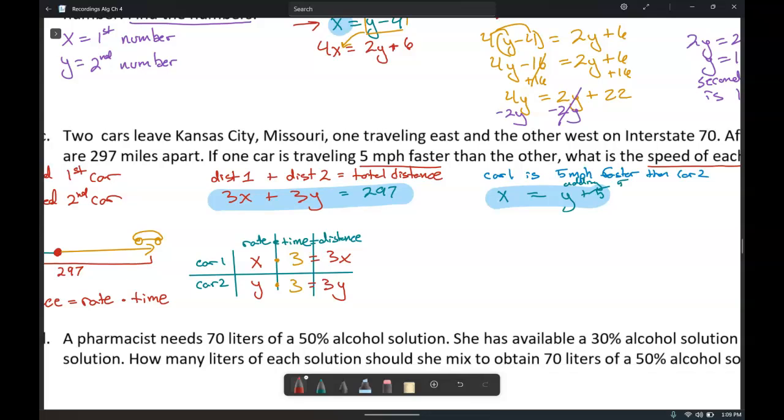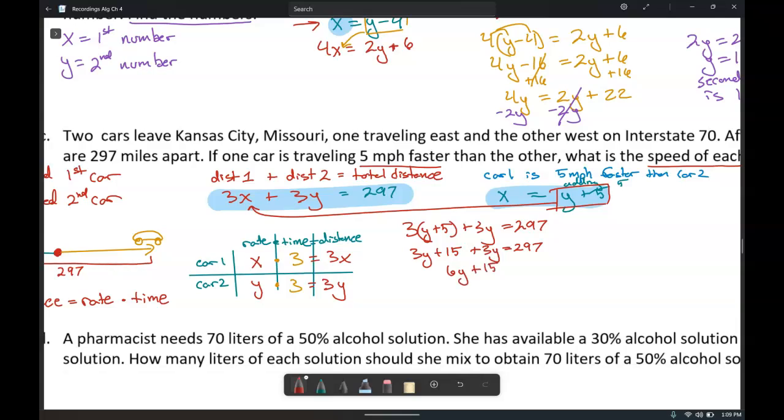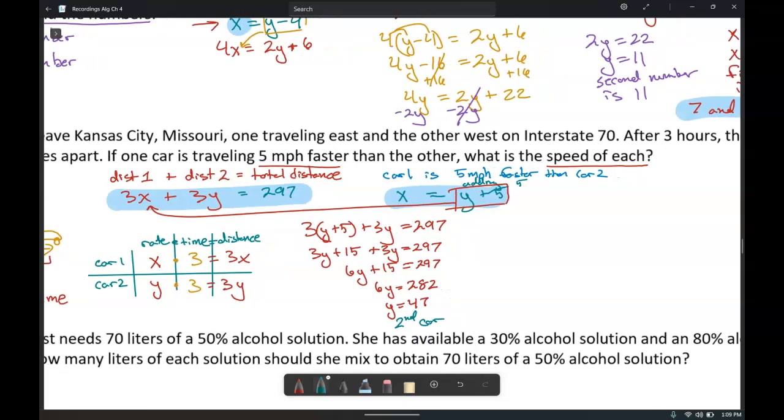I'm going to go ahead and use the substitution method since a variable is already isolated, and I'm going to substitute y plus 5 into x of the other equation. So we find the speed of the second car is 47, and then we can substitute it back into one of our two equations.